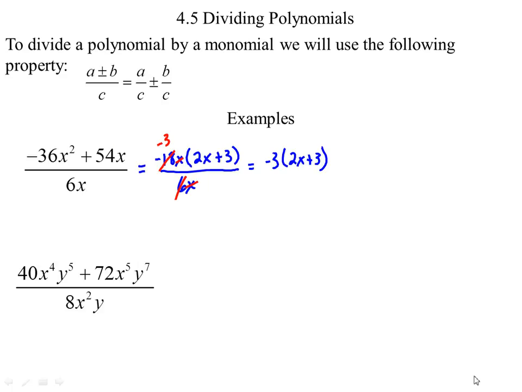So for example, this 6 will go into this negative 36 negative 6 times, and this 54 9 times. If it did not go into both of those, I couldn't reduce it at all. Okay? This x will cancel one of those and that one. So at this point, what I have is negative 6x plus 9. Well, you can see that that will reduce even farther by taking a negative 3 out.